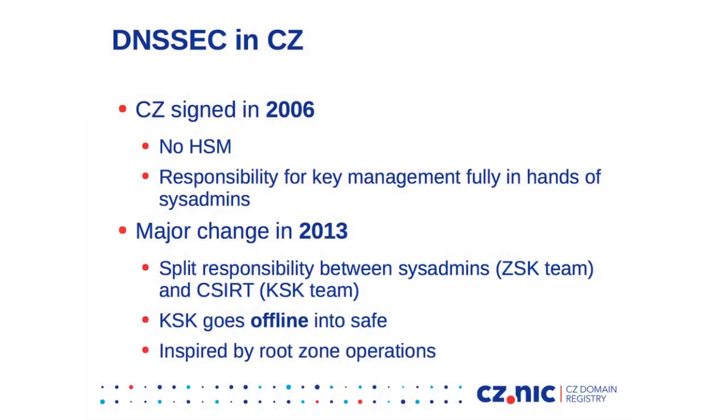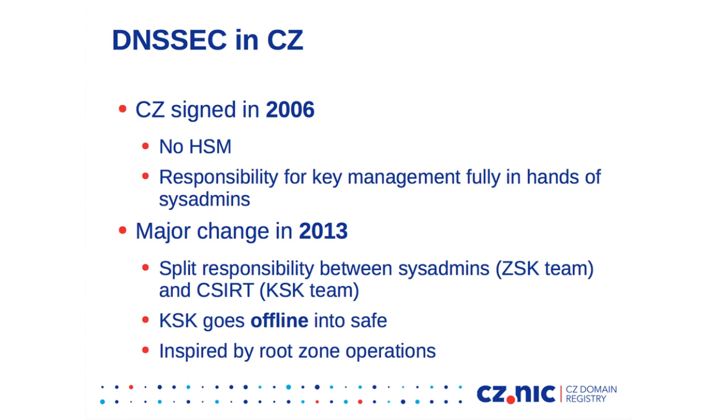So a little bit of history. The CZ domain was signed in 2006, so 13 years ago. At the beginning, we did some tests with some HSMs. There was that Sun card, but before we managed to operate it, I think that Sun stopped supporting it. So in the end, we decided that it's better to go operational with DNSSEC rather than to test more and more HSMs.